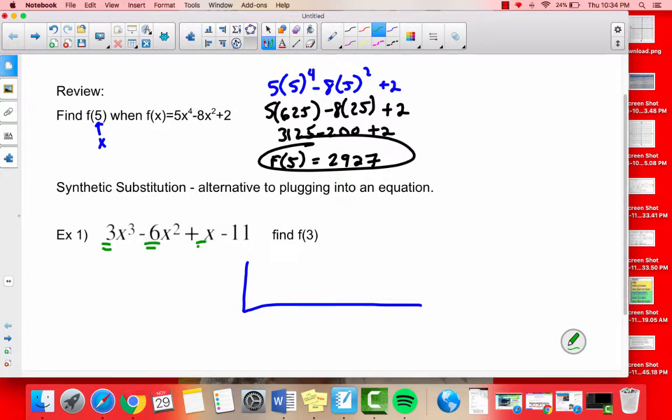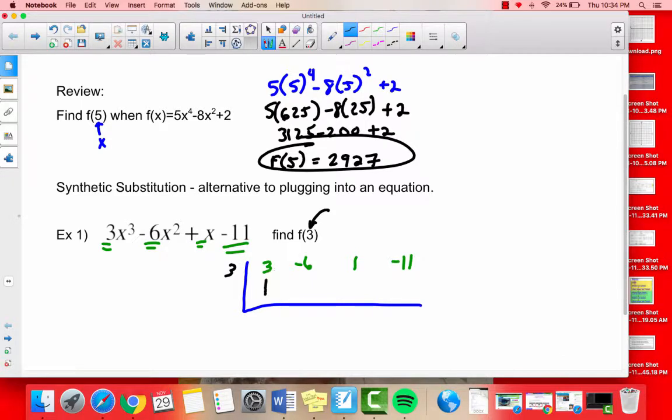I'm going to underline those here, and the constant. And when I fill that in, I have 3, -6, +1, and then -11. And then for this in synthetic substitution, the number that's inside your notation here, that 3, is what's going to go on the outside. And then all you have to do is just remember the process of the synthetic division.